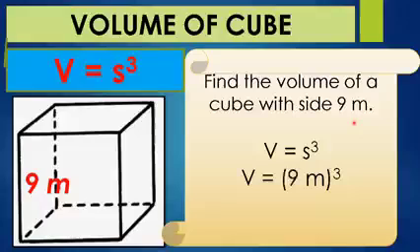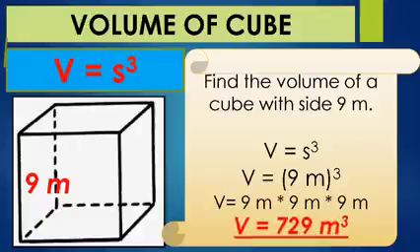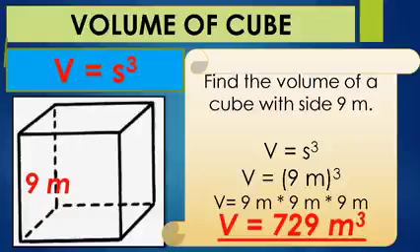That is 9 meters cubed. Again, 9 meters cubed is also the same as 9 times 9 times 9. Okay, so we need to multiply 9 by itself 3 times to obtain the 9 meter cube. And that is 9 times 9 times 9, or that is 729 cubic meters. Okay, so therefore, the volume of this cube is equal to 729 cubic meters.